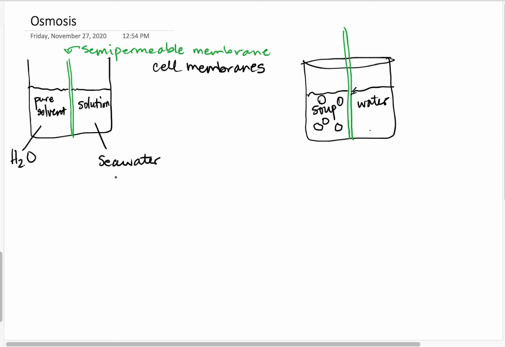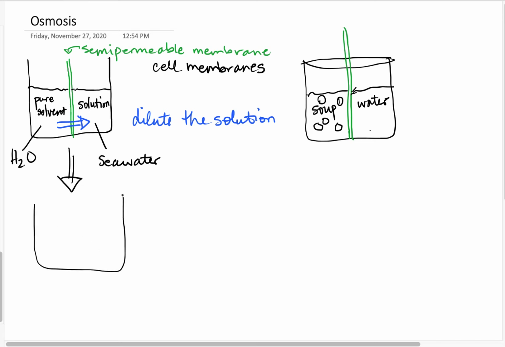What's going to happen to this is that the pure solvent is going to flow across our semi-permeable membrane and it's going to dilute the solution. So that means that what would happen after a while is that you'd end up with, here's our semi-permeable membrane.